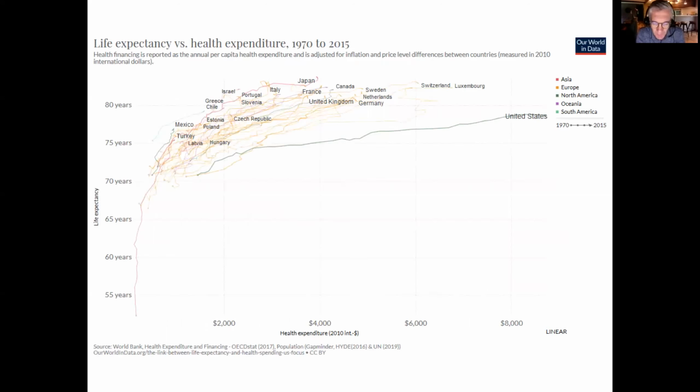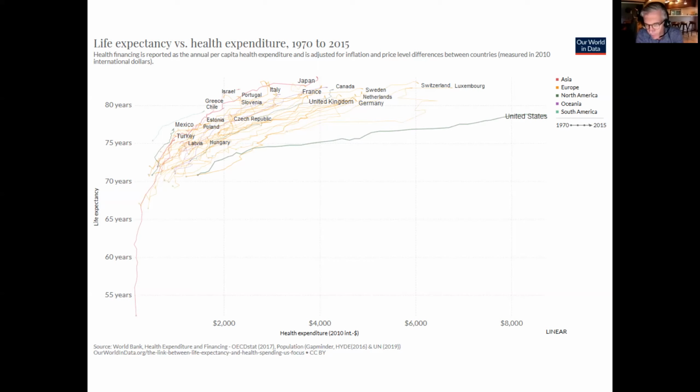So I'm not going to spend a lot of time on quality because you've all probably been beaten over the head with this in the past, but just suffice it to say that the United States spends a lot more than any of our peer countries on medical care, and we don't necessarily get a return on our investment. Here you see along the x-axis healthcare expenditures per capita in 2010 dollars, and on the vertical axis on the left, you see life expectancy.